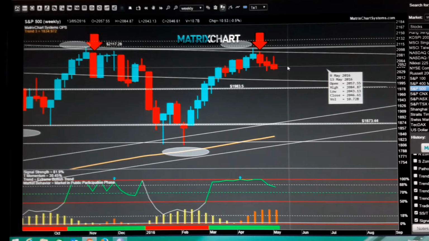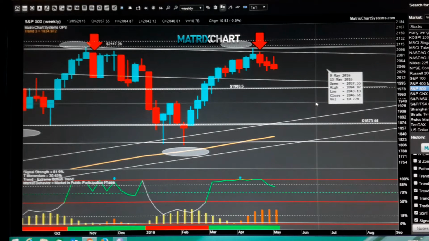So in 2 to 3 weeks time, I'm expecting the price action to move to this region, 1983. However, this may not be the lowest point, due to the fact that this is a bearish chart pattern in the midterm trend.